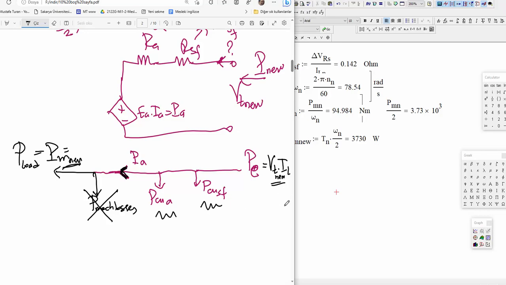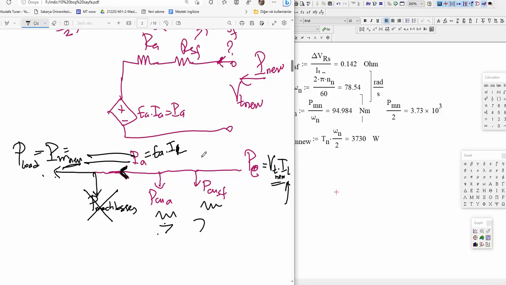We should know the current at least. It looks like a power balance problem. We should calculate this and this, that is equal to each other. It is equal to armature EMF times new load current.